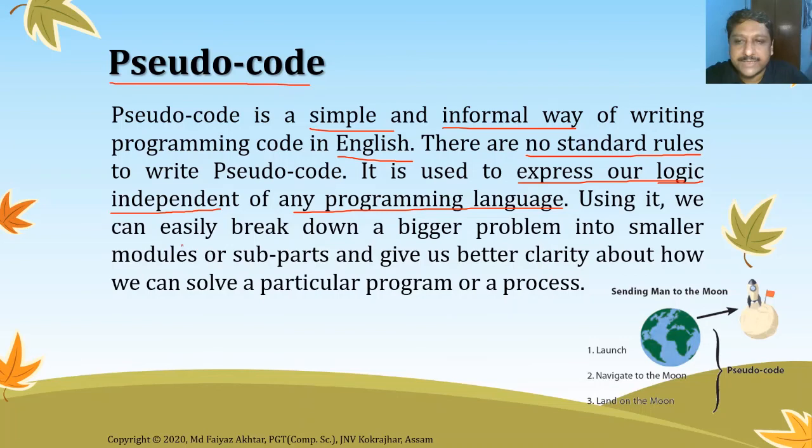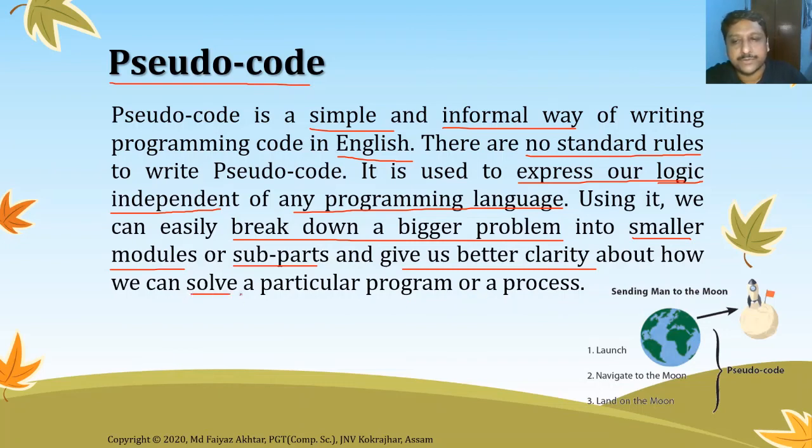Using it, we can easily break down a bigger problem into smaller modules or subparts. It gives us better clarity about how we can solve a particular problem or process.